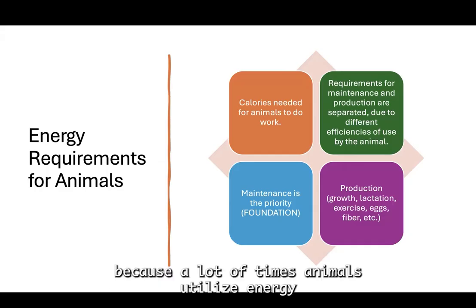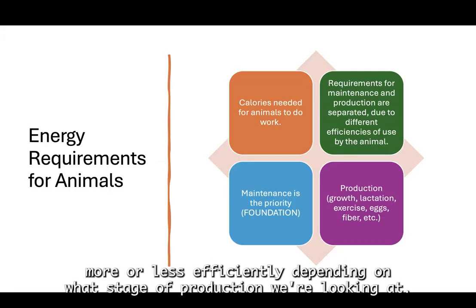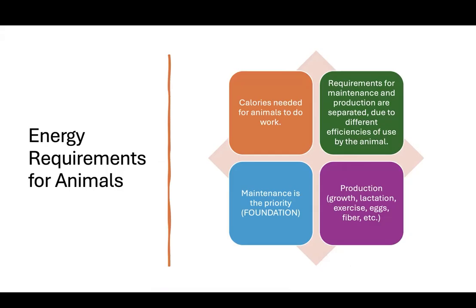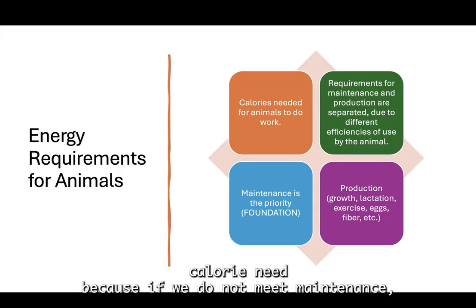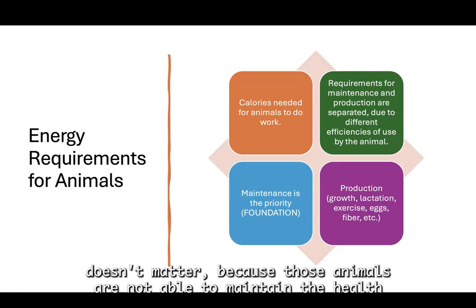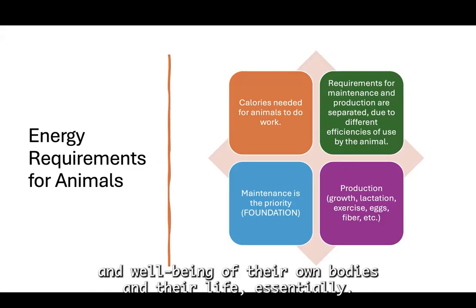Because a lot of times animals utilize energy more or less efficiently depending on what stage of production we're looking at. Generally, maintenance is considered the priority calorie need, because if we do not meet maintenance, everything else doesn't matter, because those animals are not able to maintain the health and well-being of their own bodies and their life, essentially.